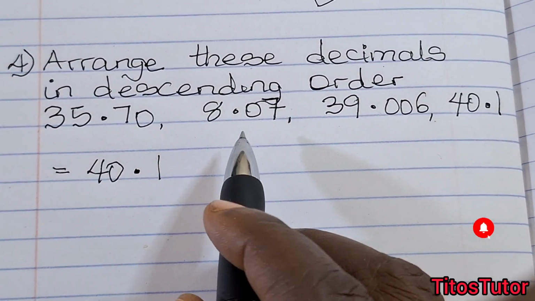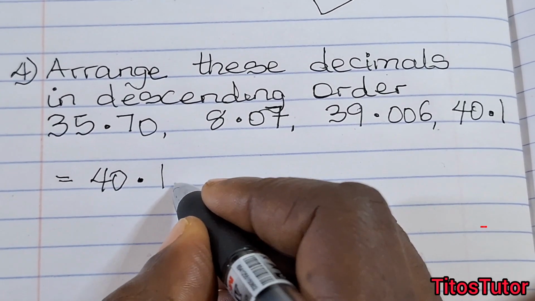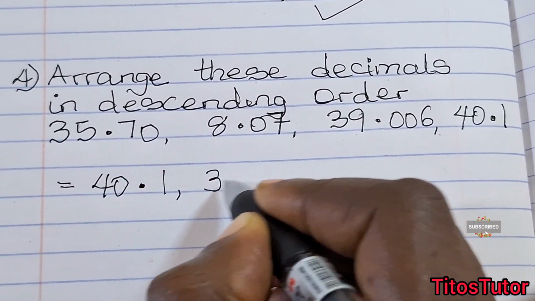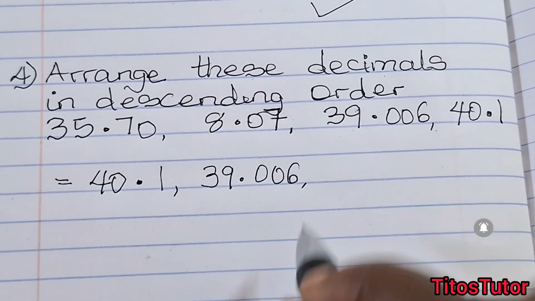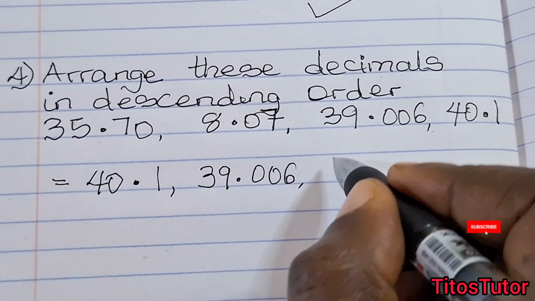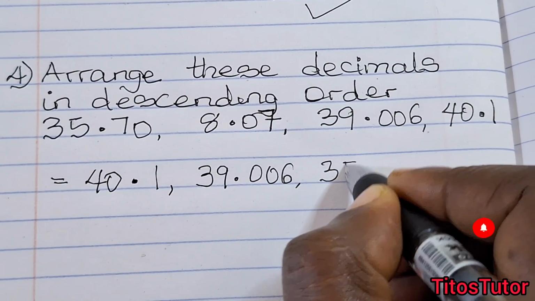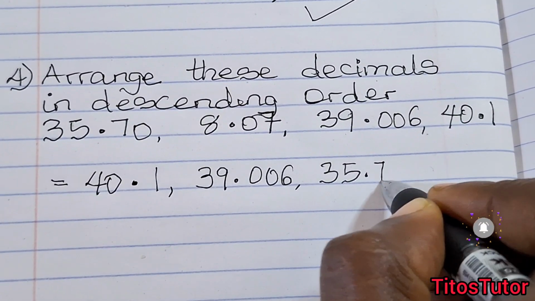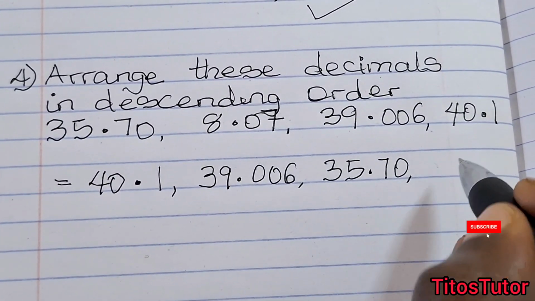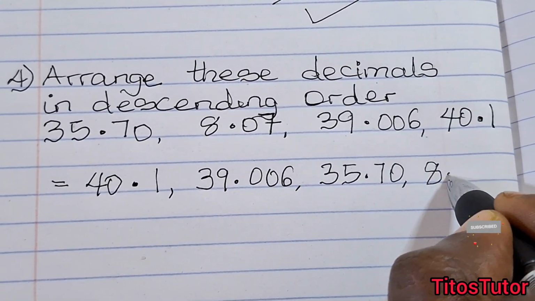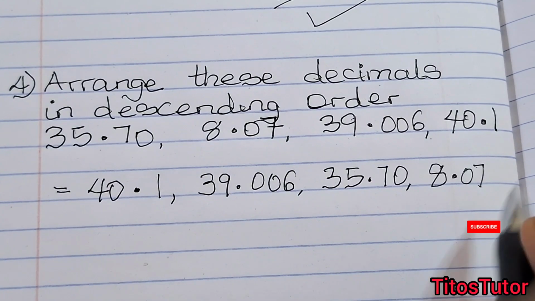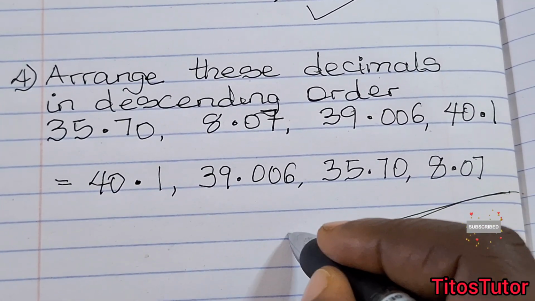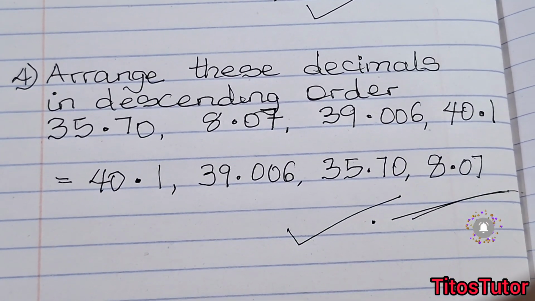Next is 39. I put a comma and I have 39.006. Put a comma. Then 35.70. And the smallest is 8.07. This is descending order. And I am done.